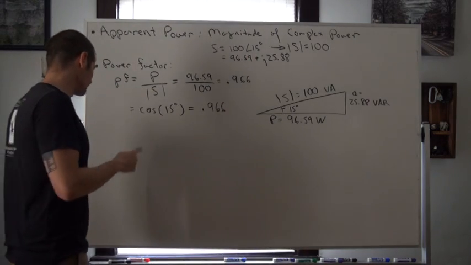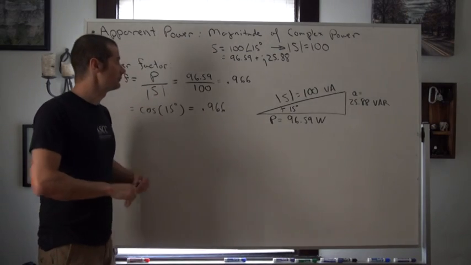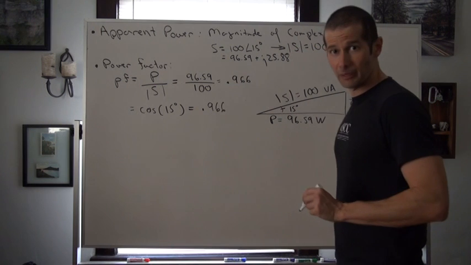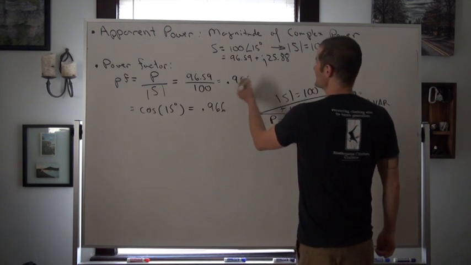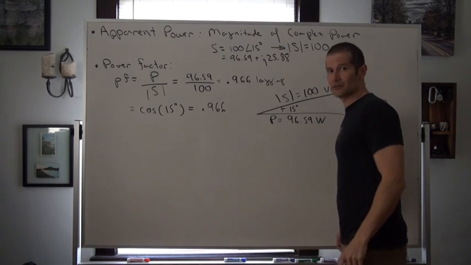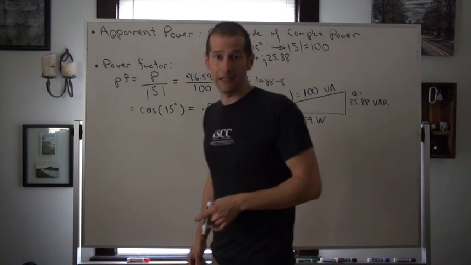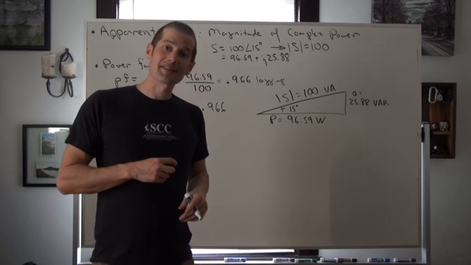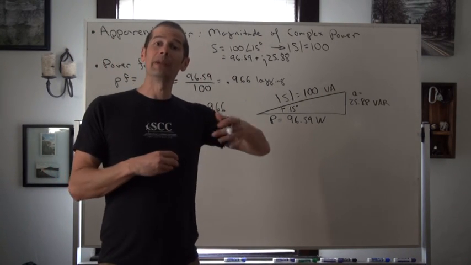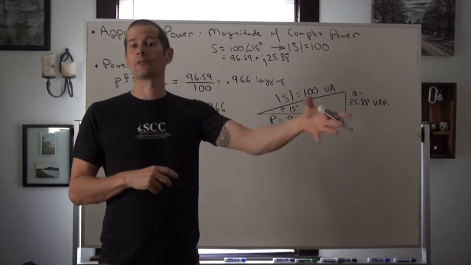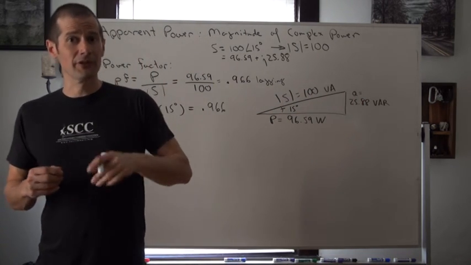Now, one thing I didn't write on here, and I'm going to note, is that we can also know what type of reactive power we have by saying whether the power factor is leading or lagging. From other discussions we've had, 0.966 lagging means that we have an inductive system, a mostly inductive system. It doesn't mean that we don't have capacitors within the system, but mostly inductive.